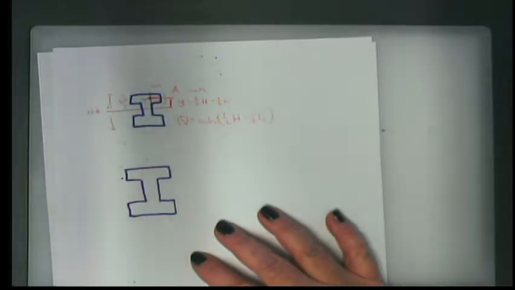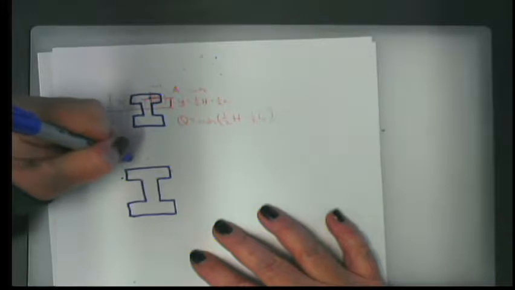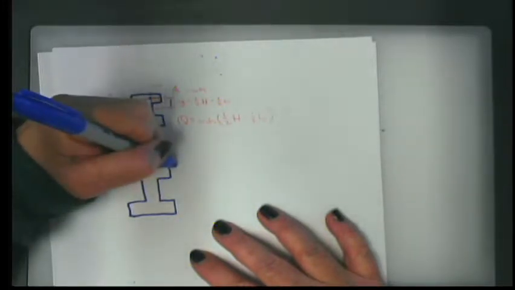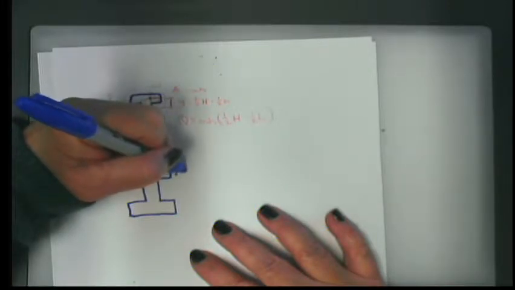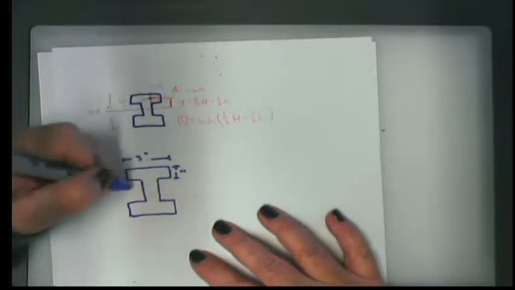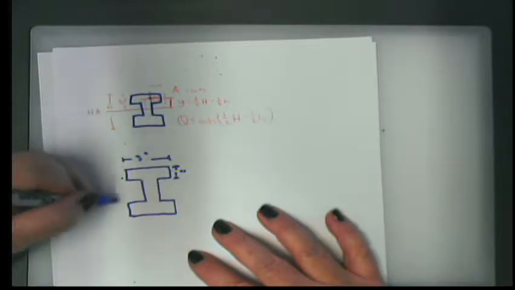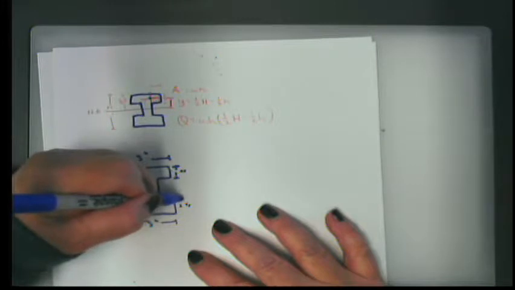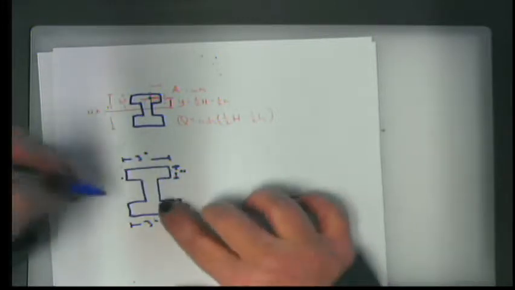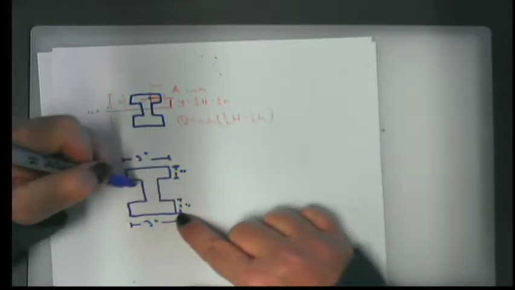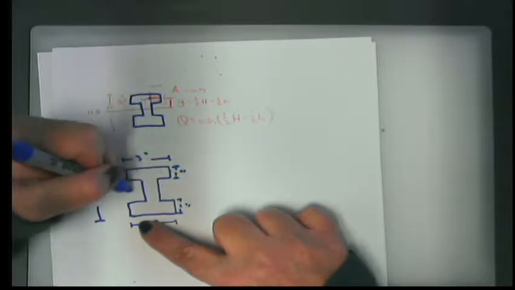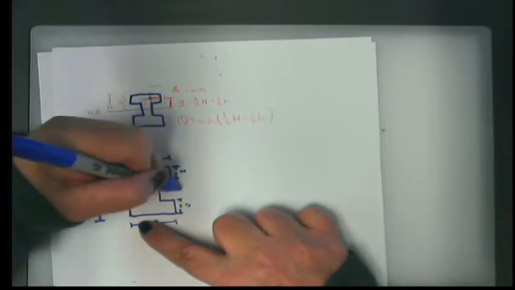So let's say that my dimensions are 3 inches, 1 inch, 3 inches, 1 inch, and let's call this 6 inches total, and the width here 2 inches.